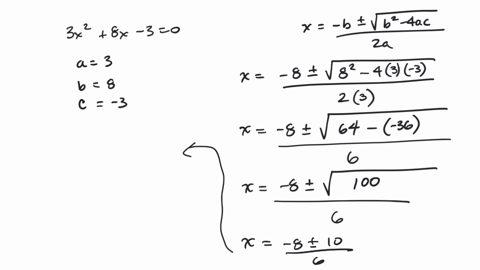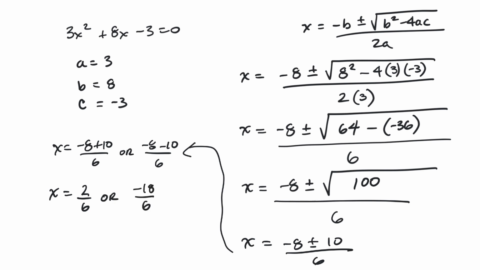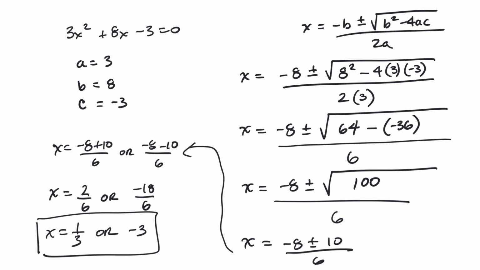So this will be x equals negative 8 plus 10 over 6, or negative 8 minus 10 over 6. So this is 2 over 6, or negative 18 over 6. So x equals 1/3, or x equals negative 3. So there's our solution for this quadratic equation.